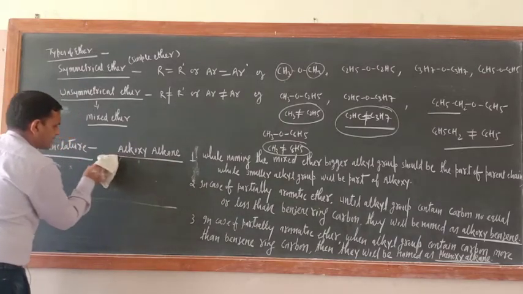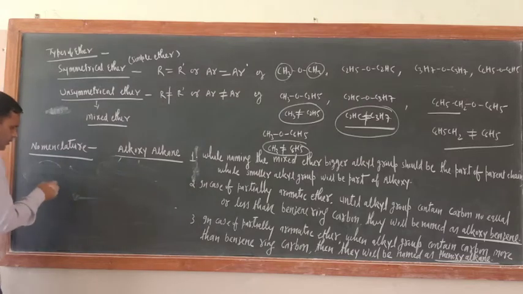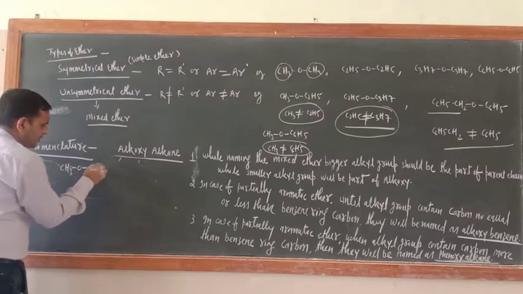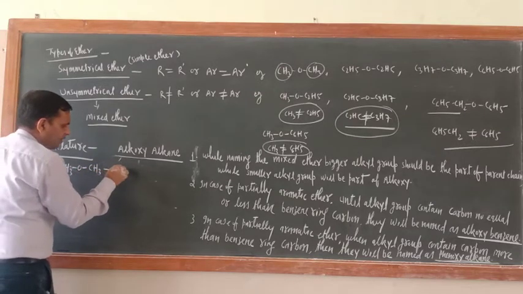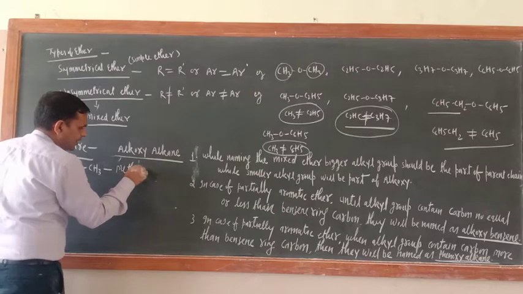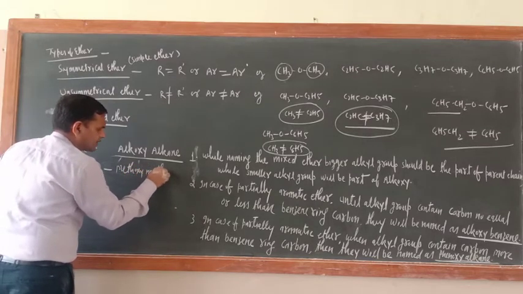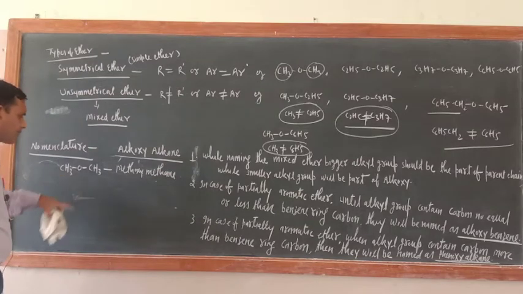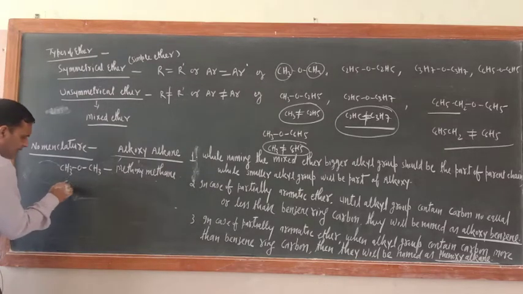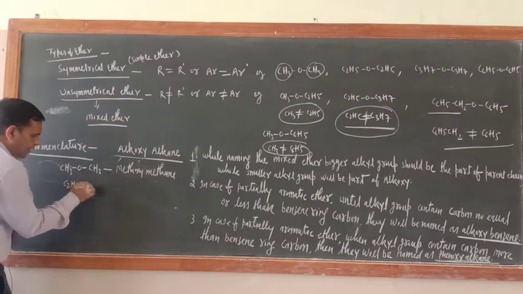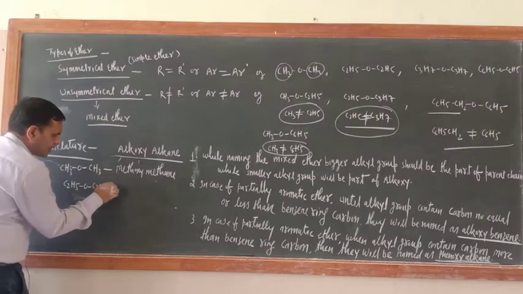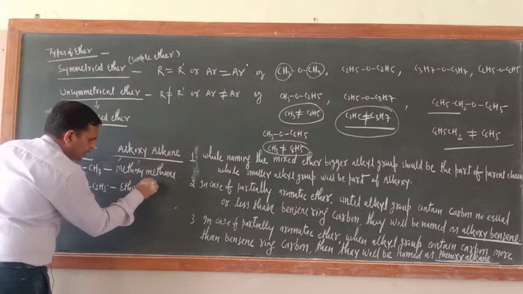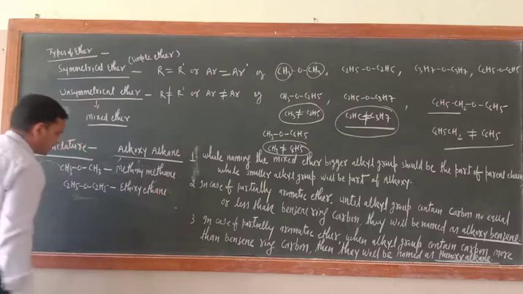Suppose this is CH3OCH3. What is the name of this one? This is methoxymethane. No issue, because both alkyl groups are similar. Similarly here, C2H5OC2H5 is ethoxyethane.